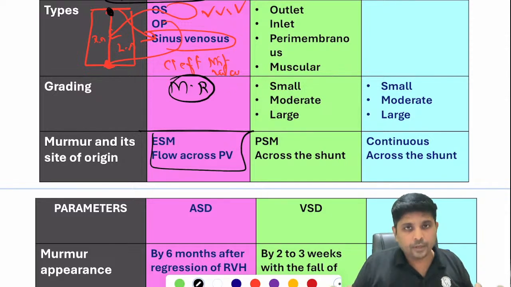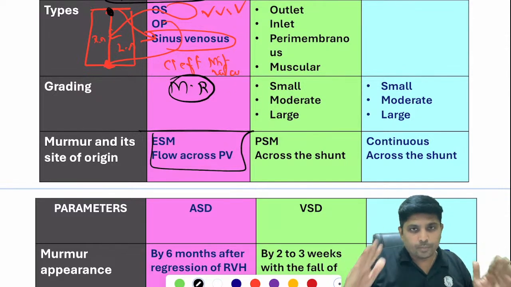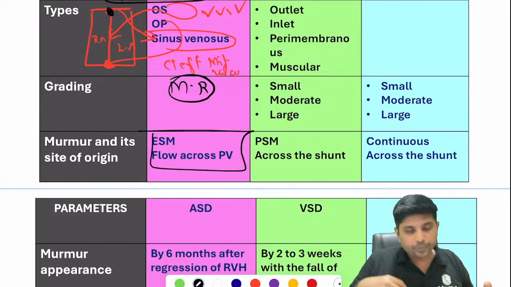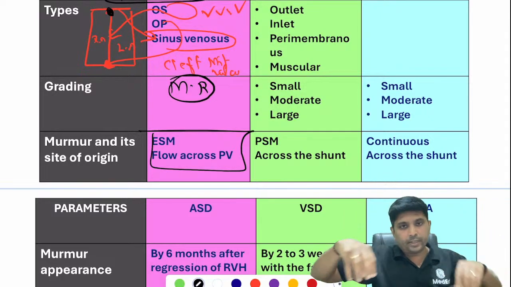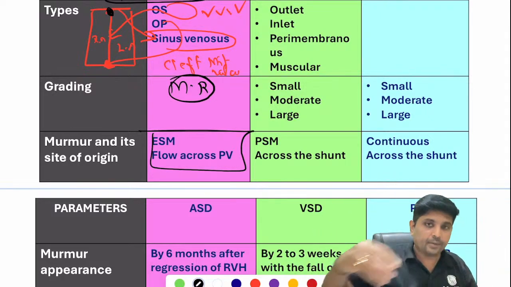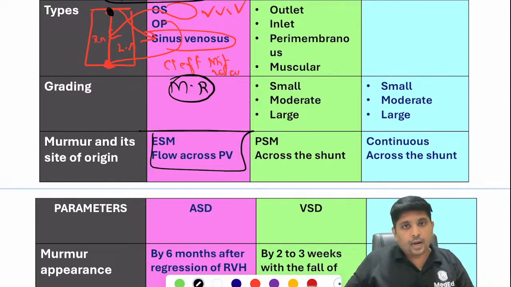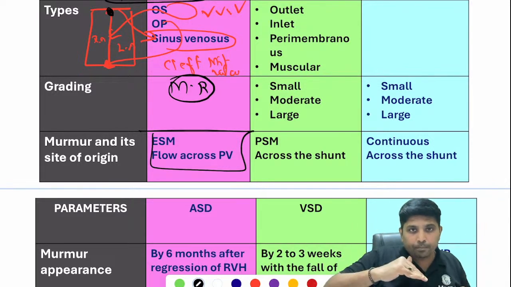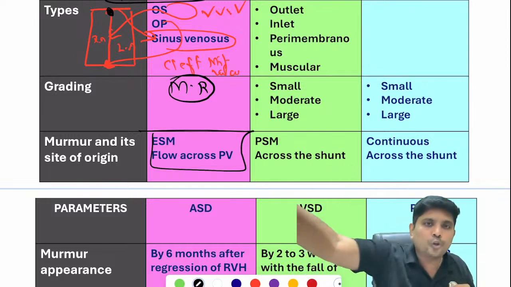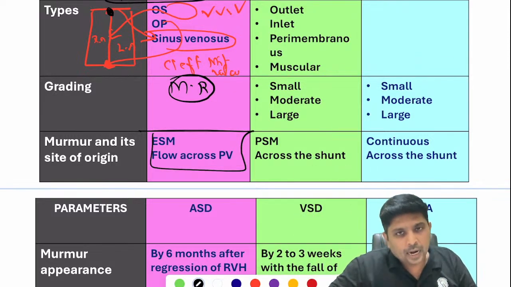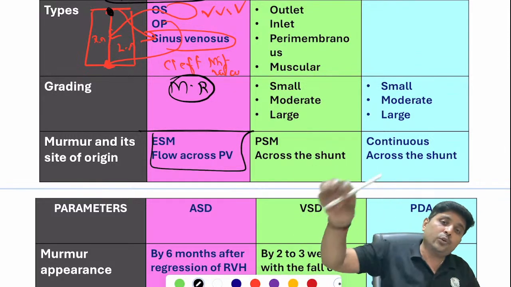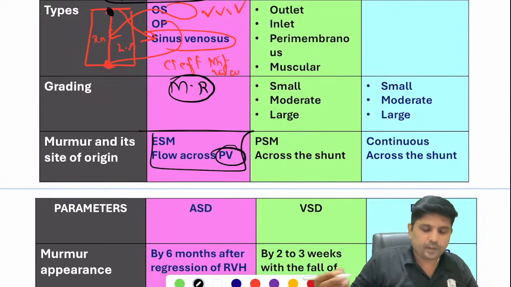So you will have a delayed diastolic murmur across the tricuspid area. And all the blood from the SVC, right atrium as well as left atrium, goes into the right ventricle, and all this blood will be jetted out through the small pulmonary artery, leading to an ejection systolic murmur across the pulmonary valve.